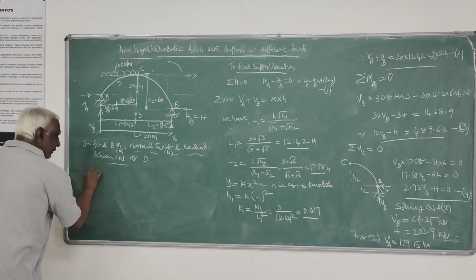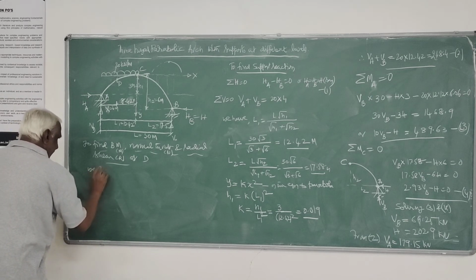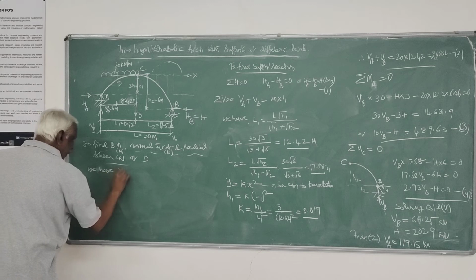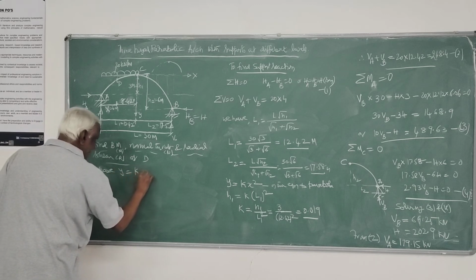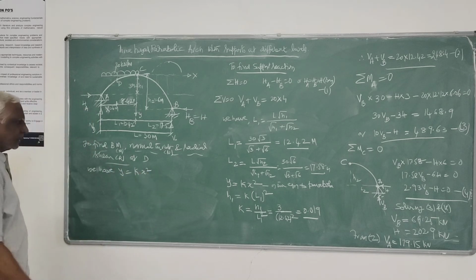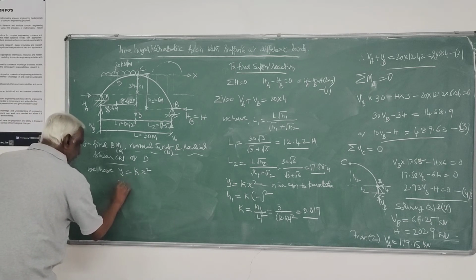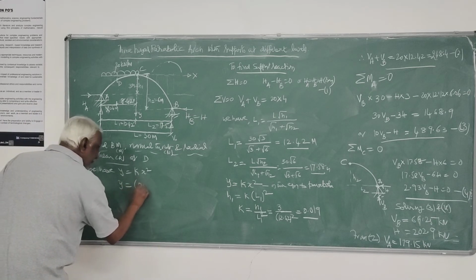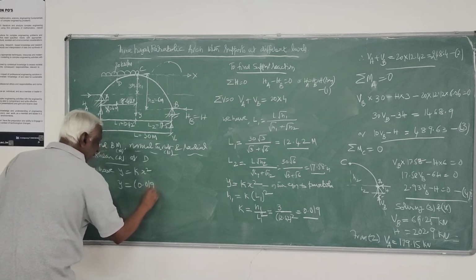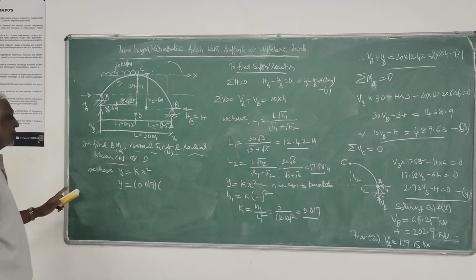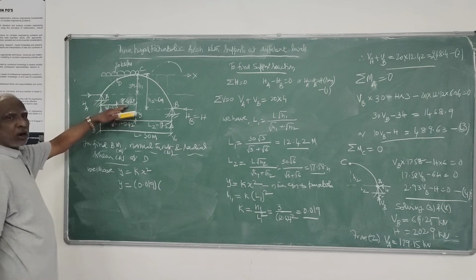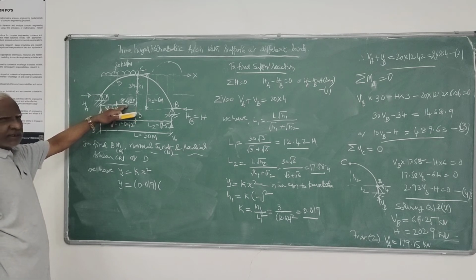So we have y equals k x square. K you have already determined. So y equals 0.019 into x square. X is what? 8.42. That you have to be very careful.